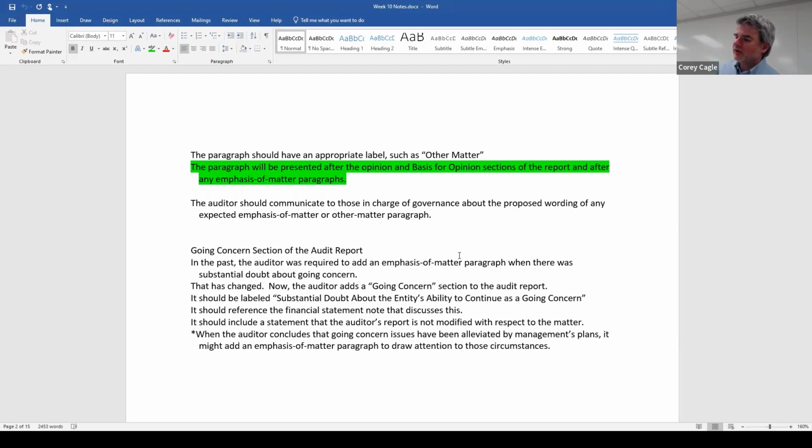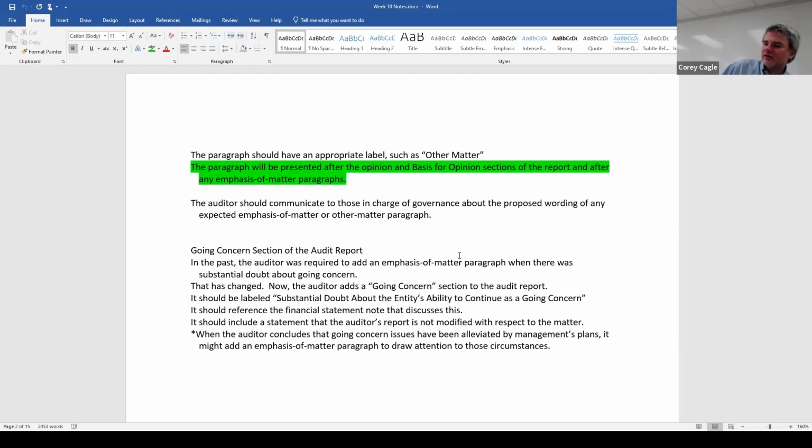So we'll stick a going concern section with the heading like that, something like substantial doubt about the entity's ability to continue as a going concern. That's a heck of a heading, but that's the kind of thing we would do. Refer to a financial statement note that discusses all the stuff about going concern, because there will certainly be one.